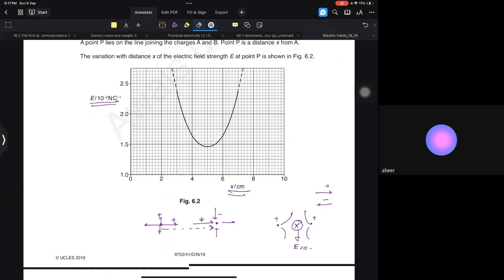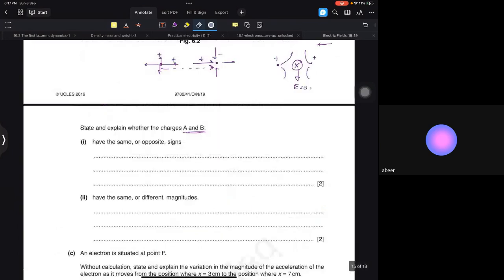And now let's write it down. So this said state and explain. So first I'm going to state they're opposite signs. And then I'm going to say that basically they don't form a null point. So E is never zero. One is this explanation.